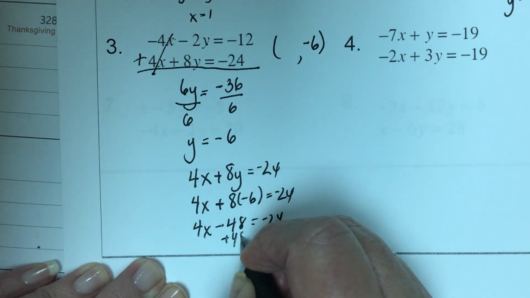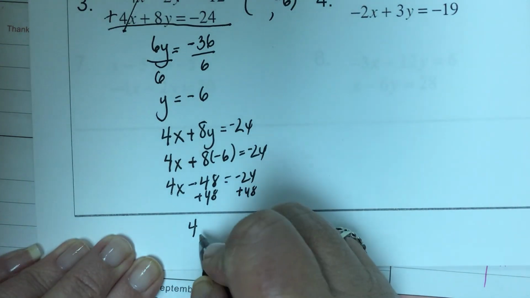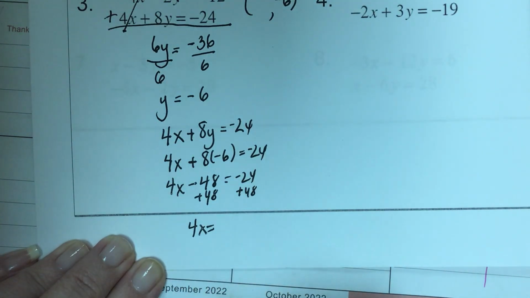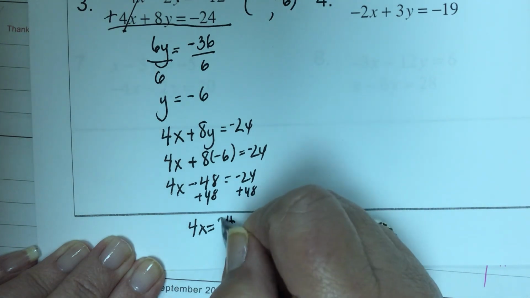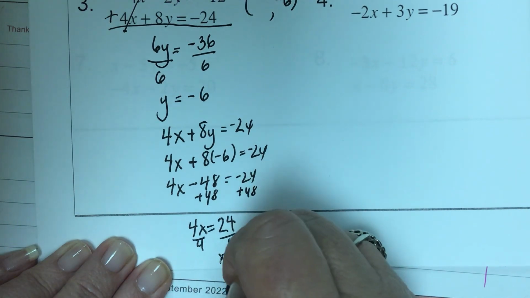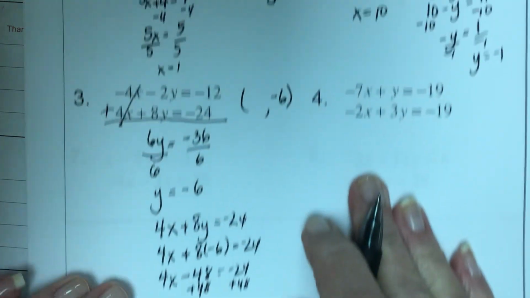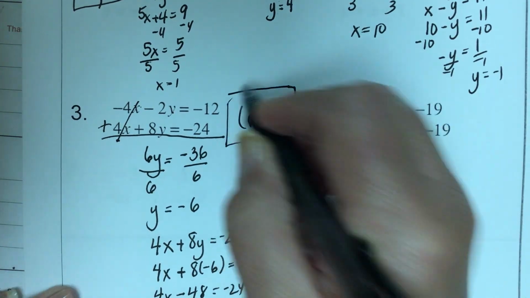I'm going to add 48. Is that 24? Yes. And then divide by 4, x equals 6. So 6, negative 6 is the answer to number 3.